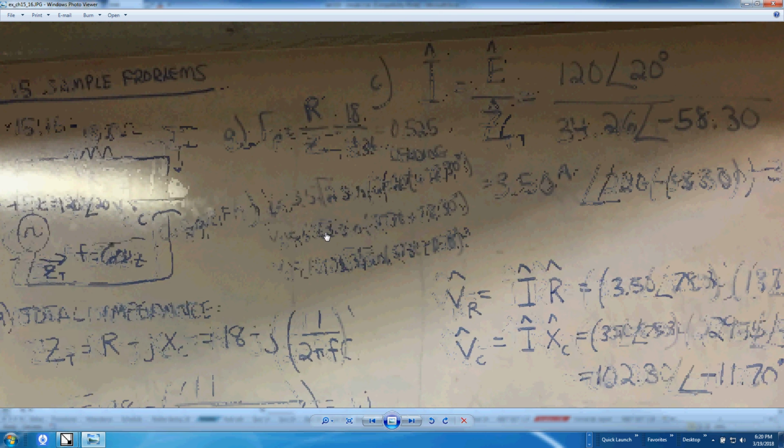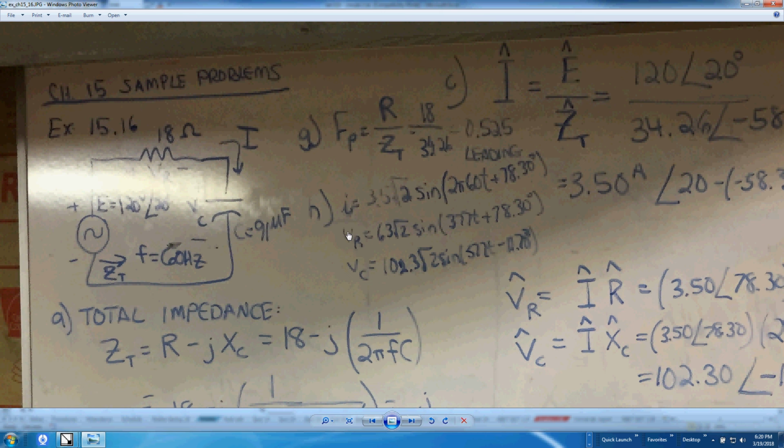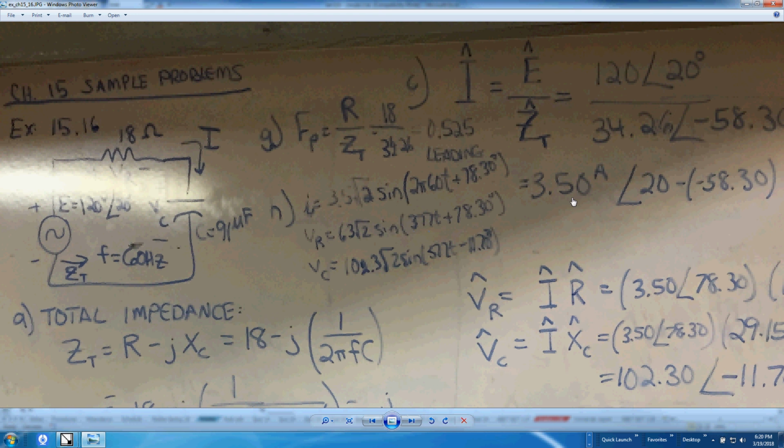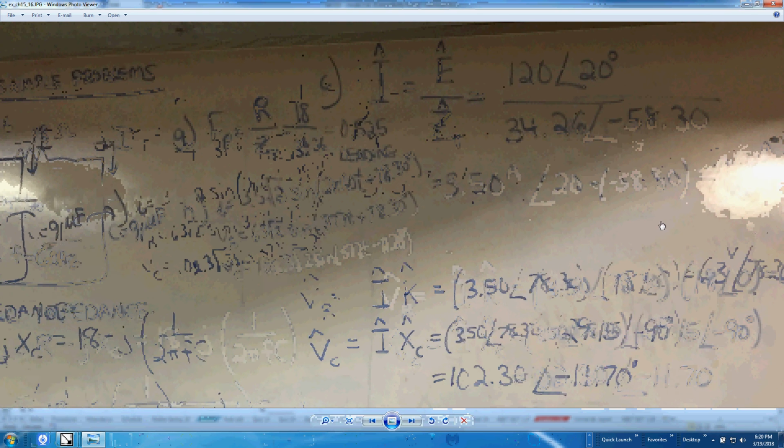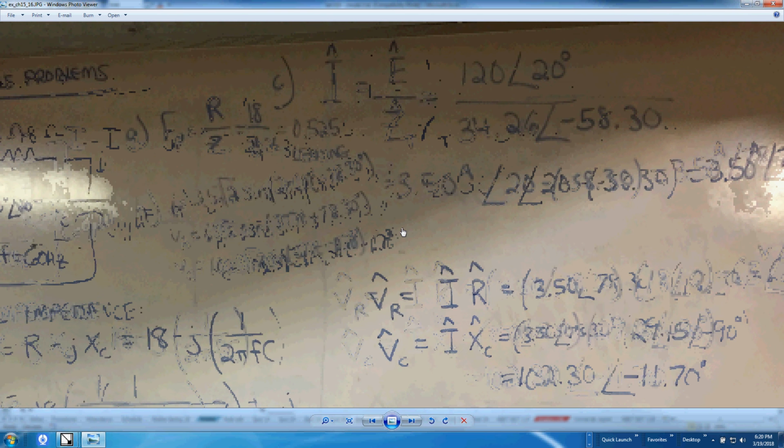And then part H asks for the sinusoids of the current and the two voltages of the elements. So we take the magnitude 3.5 times the square root of 2 sine of omega t, where omega is 2 pi f, 2 pi 60 t, plus the phase angle of the current, which is here.